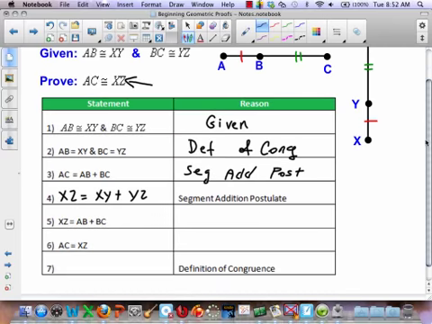What did we say about AB and XY on line 1? They're congruent. They're also equal on line 2, right? When 2 things are congruent or equal, that tells us we can substitute them in place of one another. So we go from line 4 to line 5. All I've done is put AB in place of XY, and BC in place of YZ. And why can I do that? That's the substitution property.